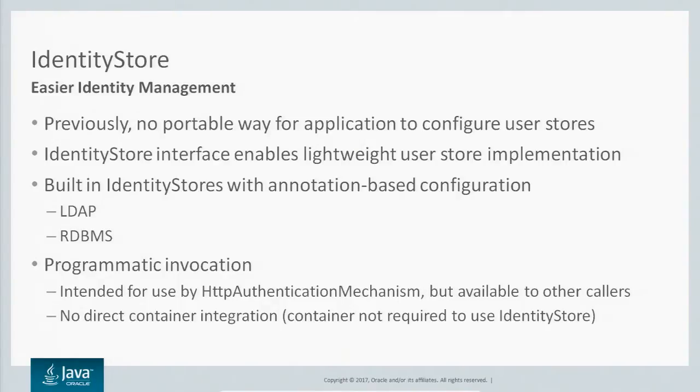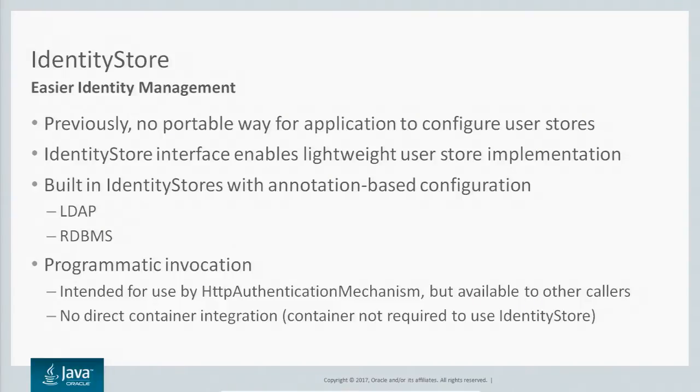Identity store is the next API. The idea with that one is easier identity management. Previously there was no portable way for an application to configure user stores. Every container did it differently. The identity store interface enables lightweight user store implementation. There's a fairly simple interface, again, that you can implement if you want to write your own identity store that talks to a store that you understand.